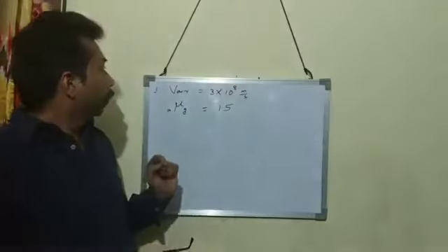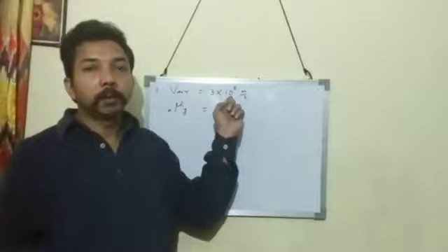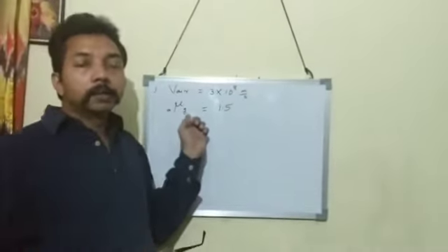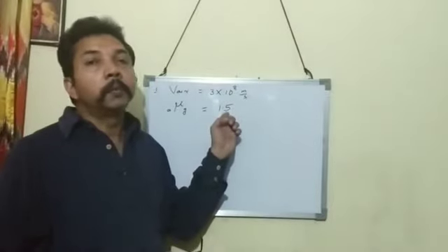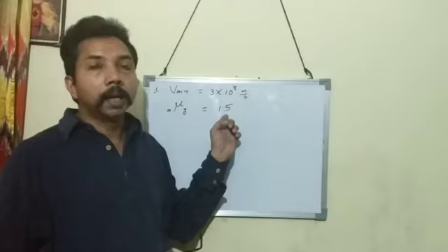So in first question, speed of light in air is given, that is 3 into 10 to the power 8 meter per second. And the refractive index of glass is given as 1.5. And we have to find the speed of light in glass.